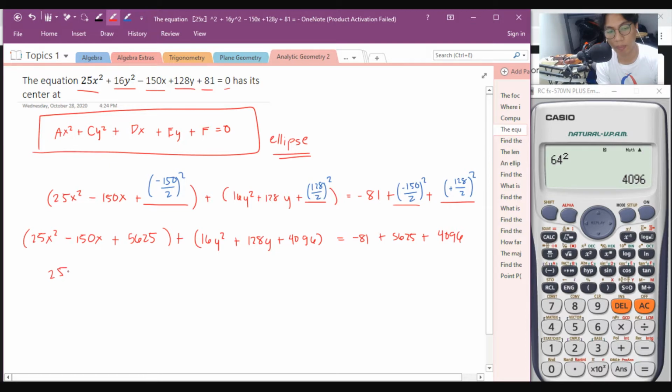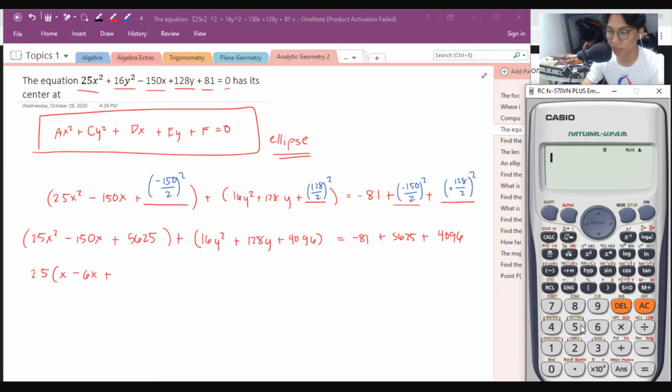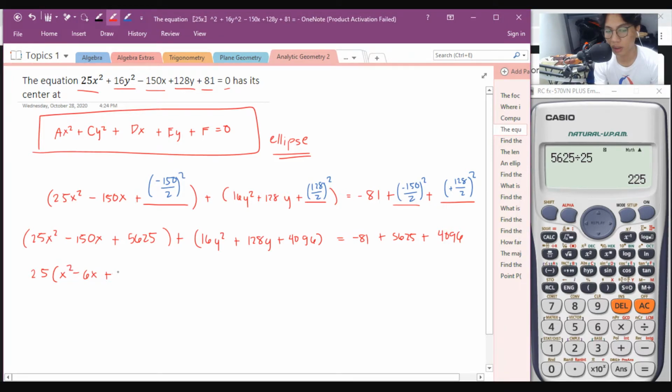25 x dito ha, minus yung 150, I think that is 6x plus 5625 divided by 25. Pwede ko i-shortcut to, pero mas maganda papakita ko sa inyo. Okay? Naka-square to ha. 225. Yan.